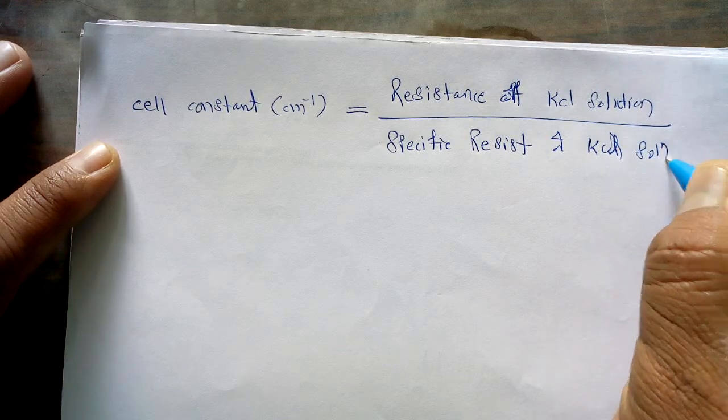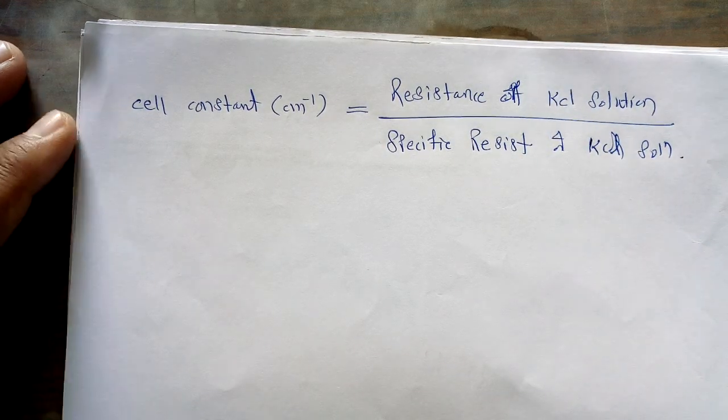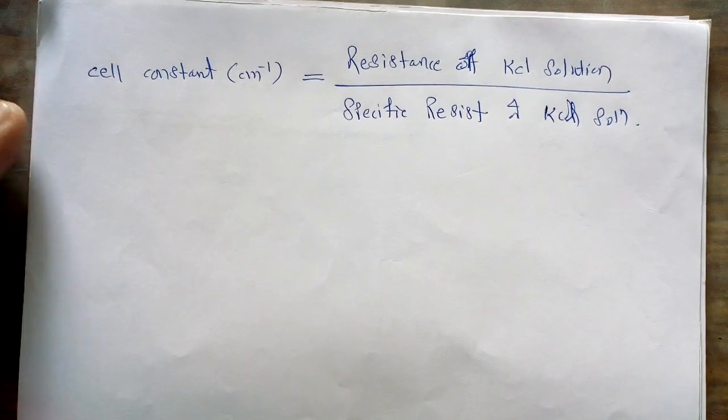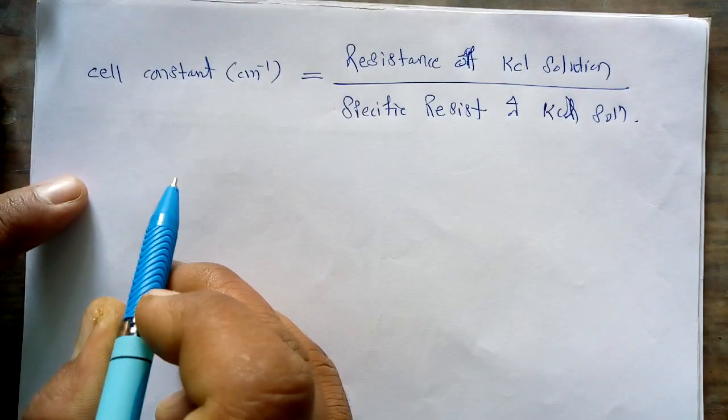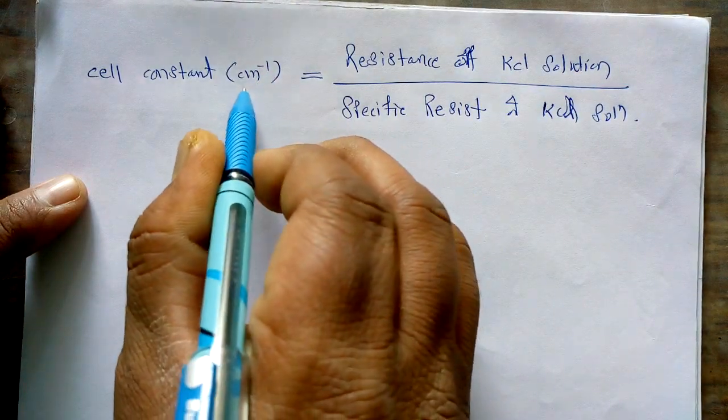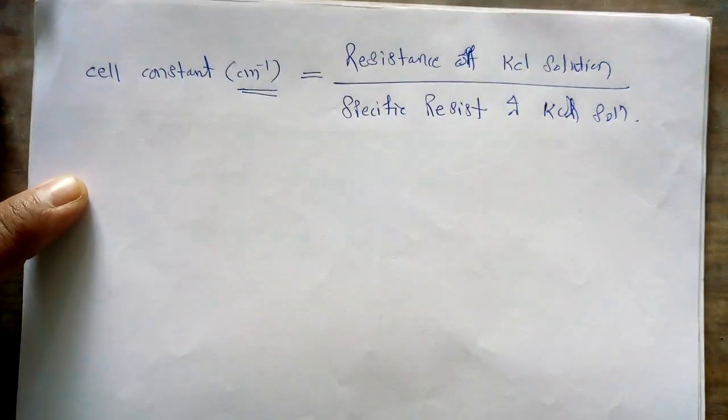This is a simple ratio we have to take into consideration for the indirect calculation of the cell constant. The cell constant has the unit of per centimeter.